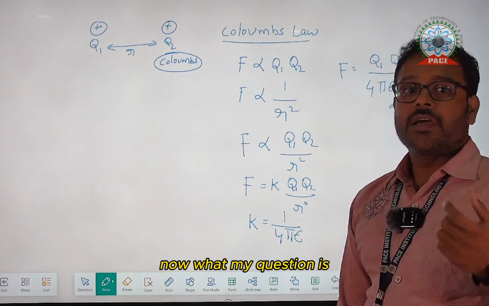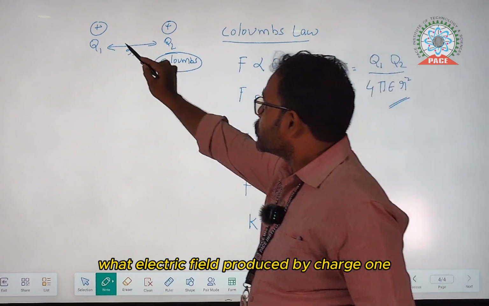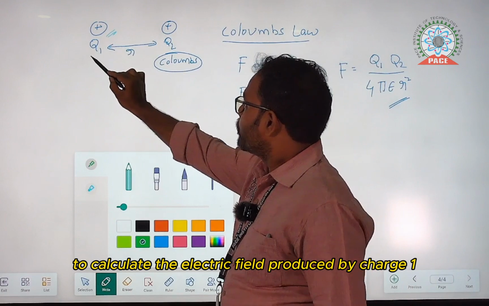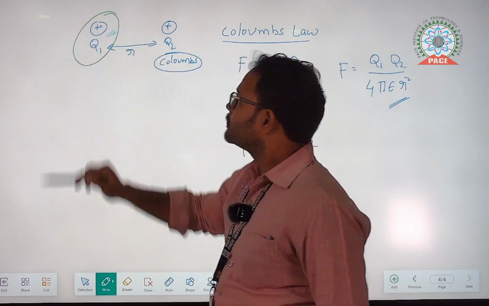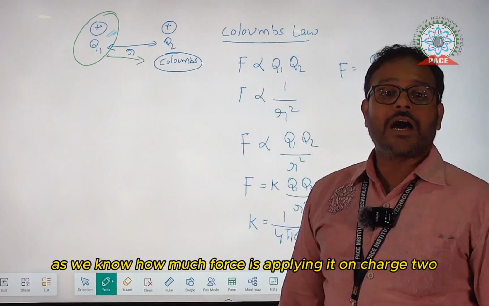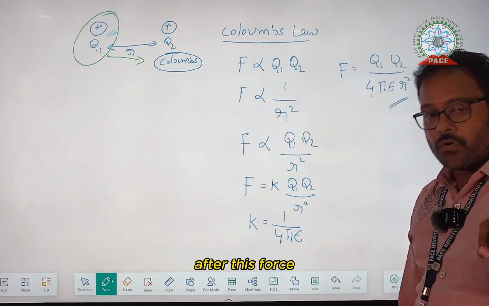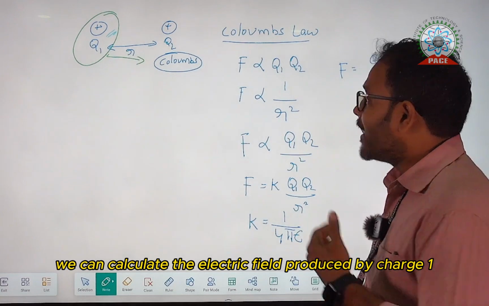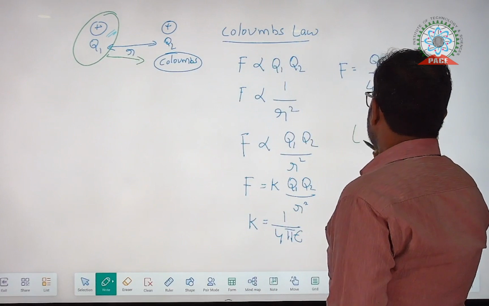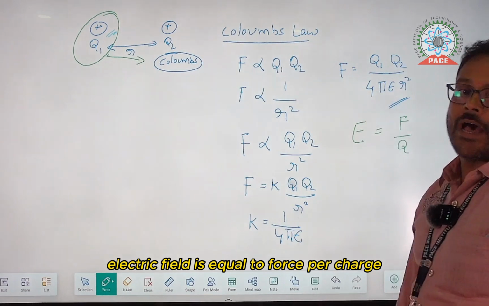Now my question is, we have to derive and calculate the electric field produced by charge 1. To calculate the electric field produced by charge 1, first we need to know how much force it applies on charge 2. That is the calculation of the force. After this, we can calculate the electric field produced by charge 1 by using the formula electric field is equal to force per charge.